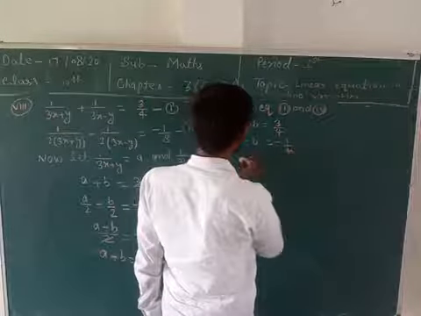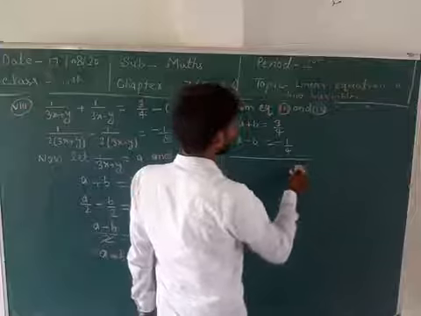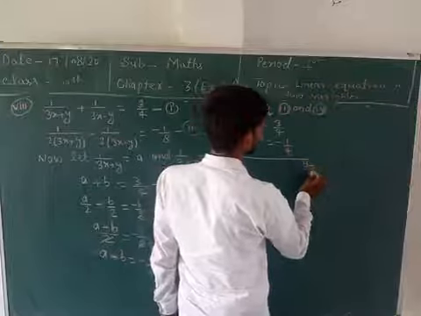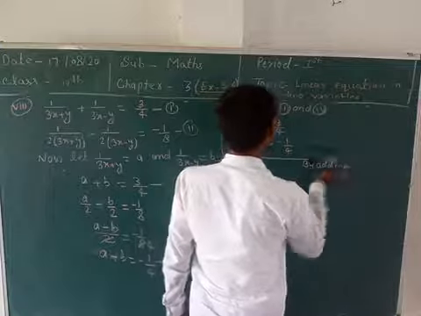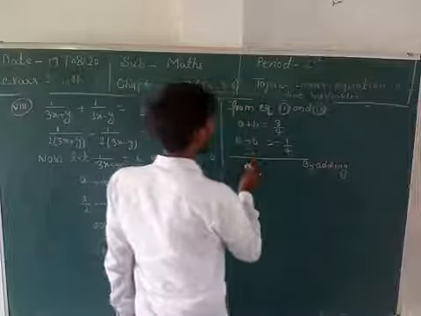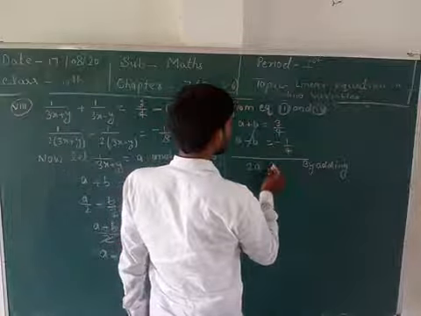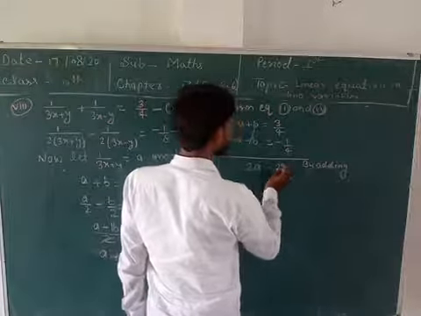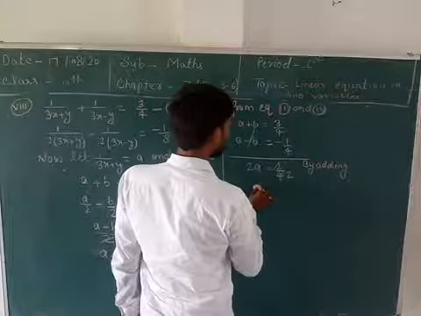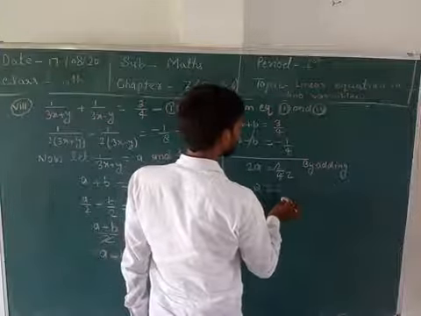Then by adding, we have 2a equal to 2/4, then a equal to 1/4.